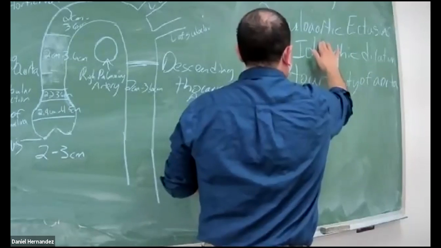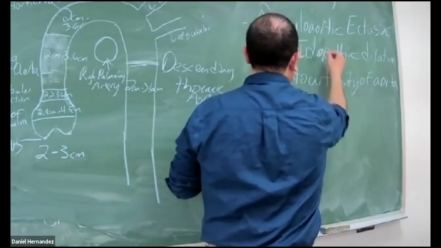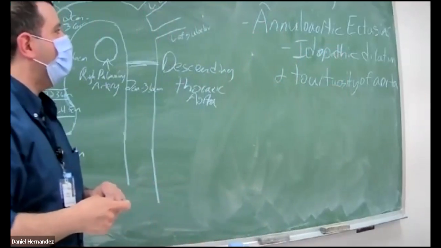What is annulo-aortic ectasia, like another type of aneurysm? This is a disease that can cause an aneurysmal aorta.